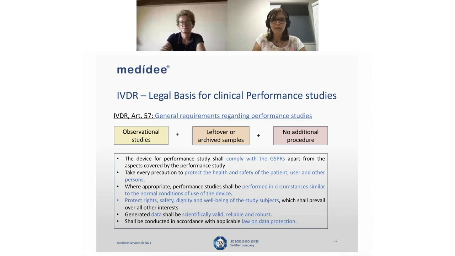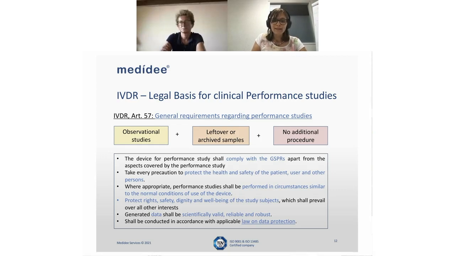This is especially so that you can afterwards use the results to demonstrate performance and safety of your device. As already mentioned before, if you have a device which is used for self-testing, you should try to mimic conditions of self-testing in order for your data to have value to demonstrate performance of your device when used as intended.